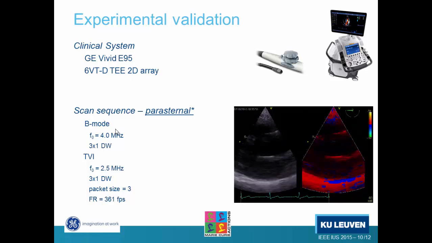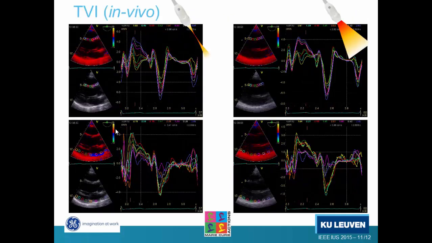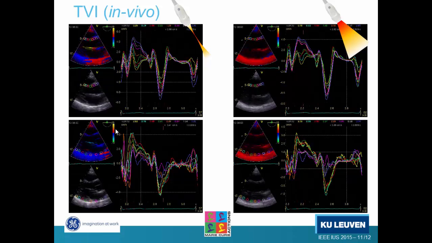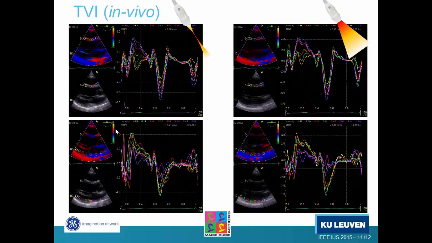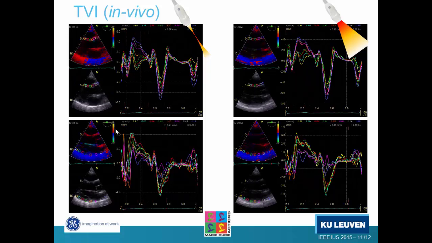What's interesting is that if we look at the velocity curves and we compare the conventional case where we have focused beams to the case I've just shown with 3 diverging waves, which seems from the simulation results to be the best scan sequence, we can see that the velocity curves, both on the septal wall and also on the posterior wall, seem to agree quite nicely.